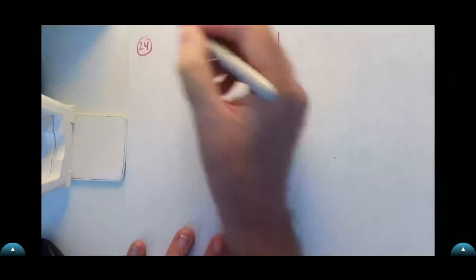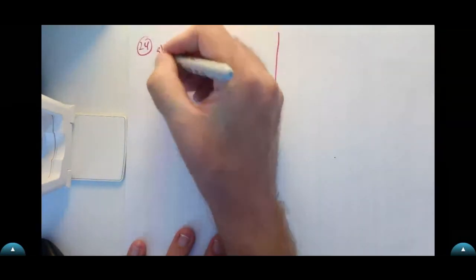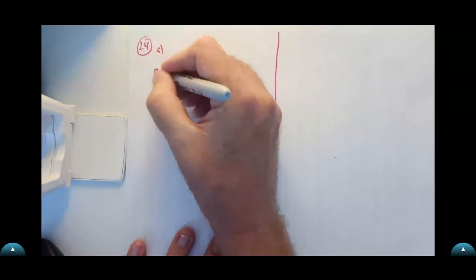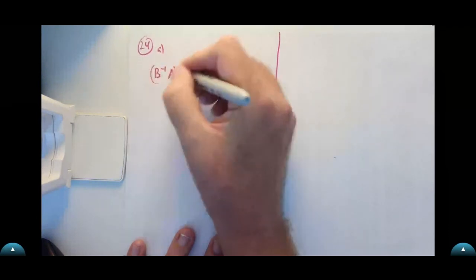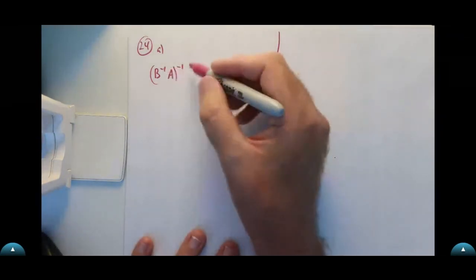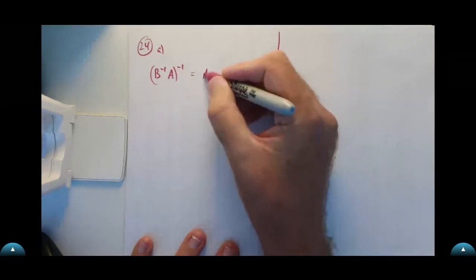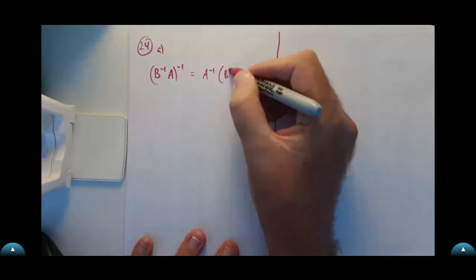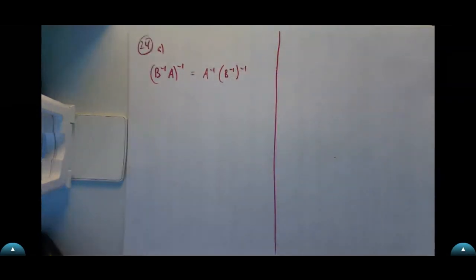All right. So 24. Okay, so we have B inverse A inverse, and we're asked to simplify that. Now, one of the things with inverse, you can distribute it, but you change the order. So it's A inverse, B inverse, inverse. Okay?